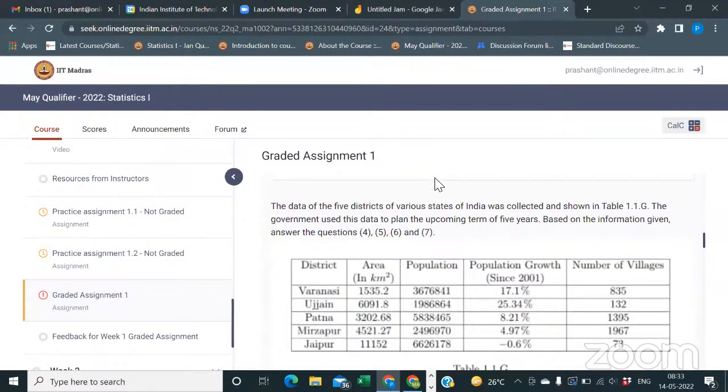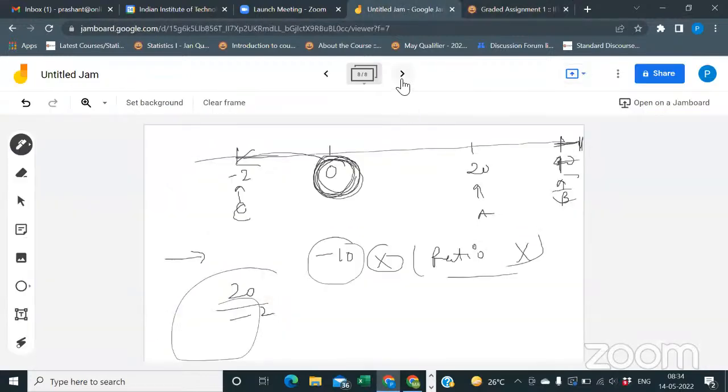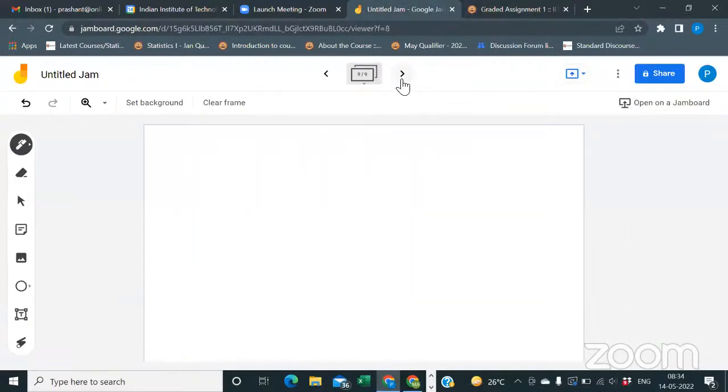Are you talking about population growth or population? Yes, sorry, sir. Population cannot be negative, but growth can be negative.